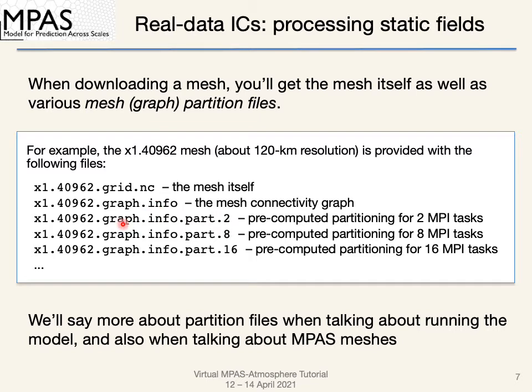And then in turn, the graph.info.part.something files are partitions of this mesh using this graph connectivity information. So for example, if we wanted to run the model using 2 MPI tasks on 2 processors, we would need this file called x1.40962.graph.info.part.2, and so on for different numbers of processors.